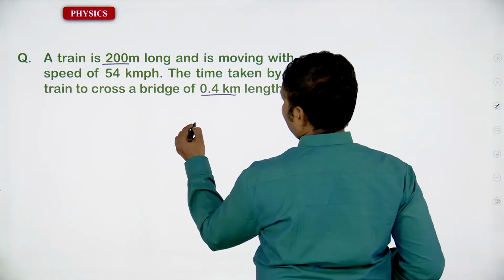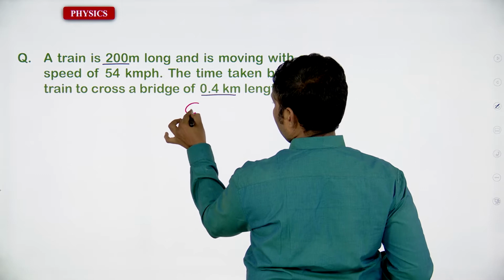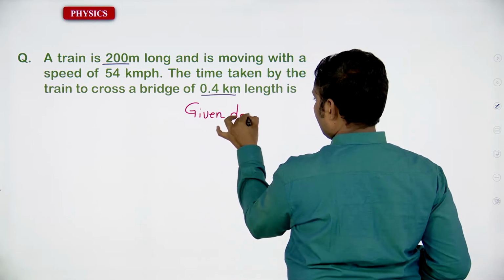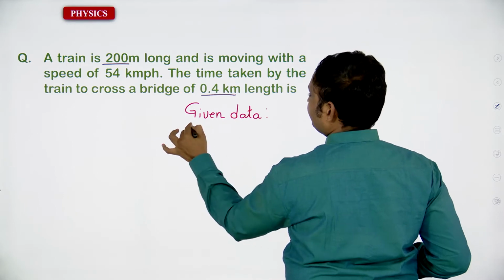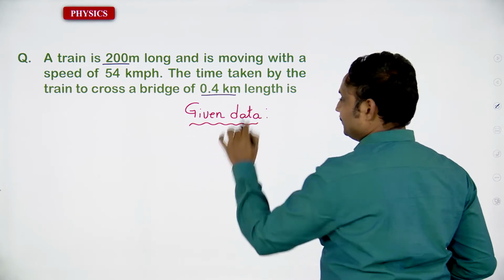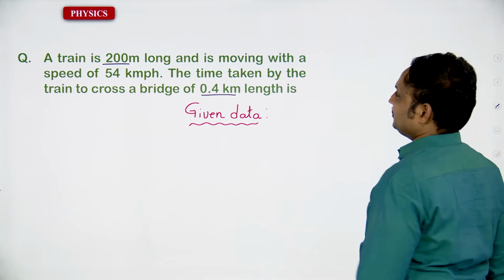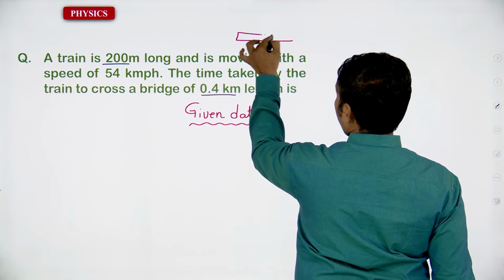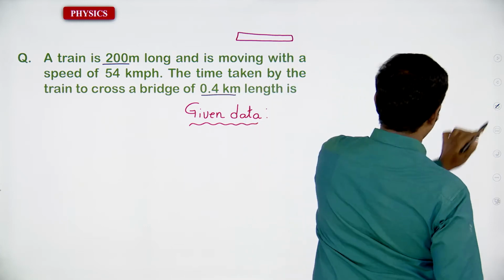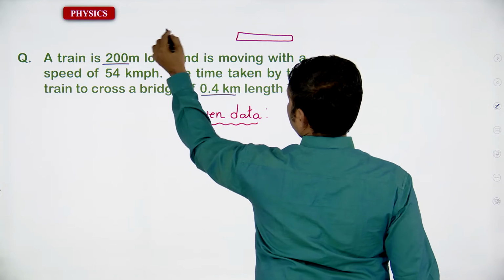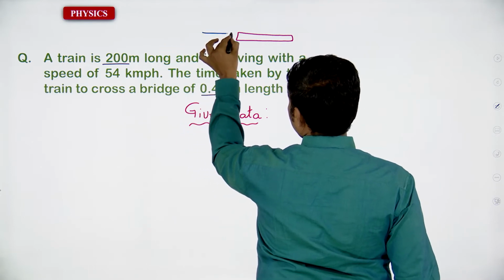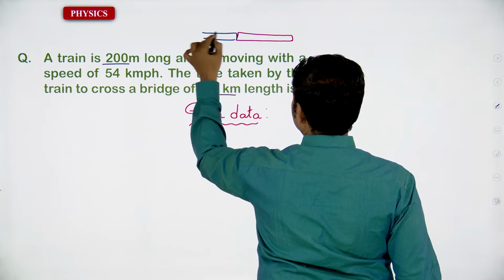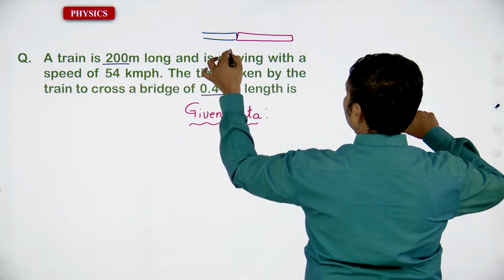Now you have to get the length of the train from the given data. This is very important.